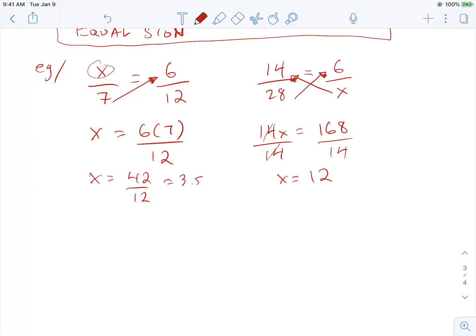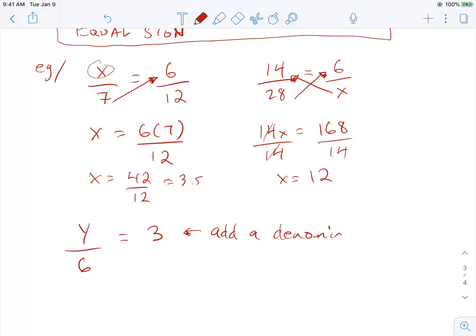So if I had something like y divided by 6 equals 3. Well, you're looking at this and you're like, well, it's not quite a fraction sandwich. It's not quite cross multiplication. I can make it cross multiplication. So what I can do there is turn this into a fraction. How do I do that? I add a denominator.